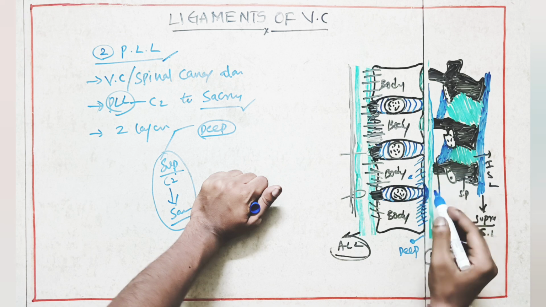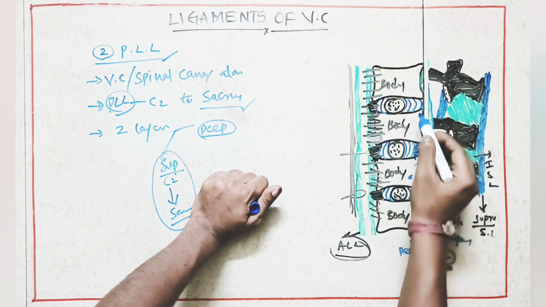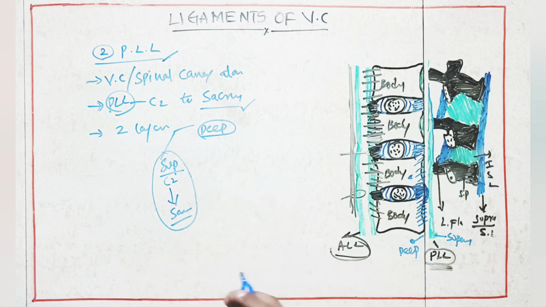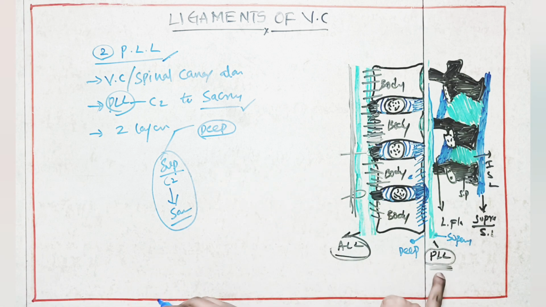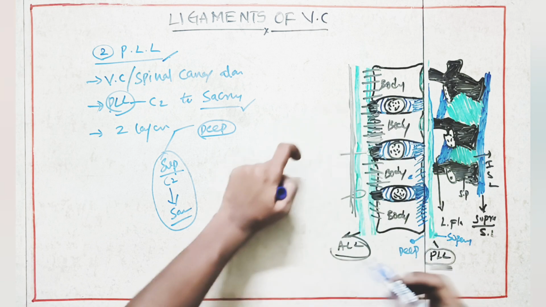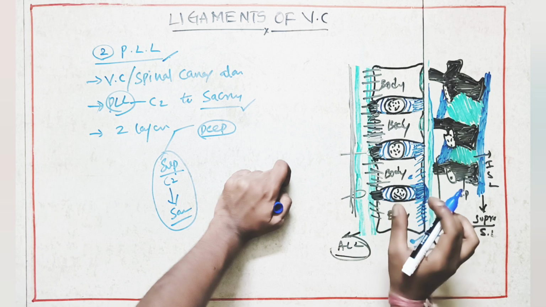At the same time, it gives connections to the annulus fibrosus of the IVD. Just as the deep fibers of the anterior longitudinal ligament supply the annulus fibrosus, here also the deep fibers give connections to the annulus fibrosus, so that the intervertebral disc will be stable.